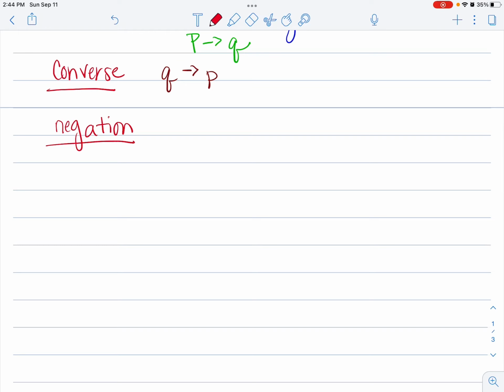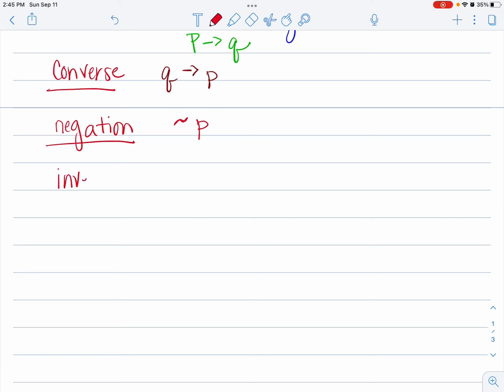You can do this to a conditional statement, which we're actually going to do in a second, but you can just do it to only the hypothesis or only the conclusion. So the symbol for a not is that little wavy line. It's called a tilde, actually. And then your statement. So if I said today is Monday, the negation of that would be today is not Monday. You're just adding the word not or taking the word not away.